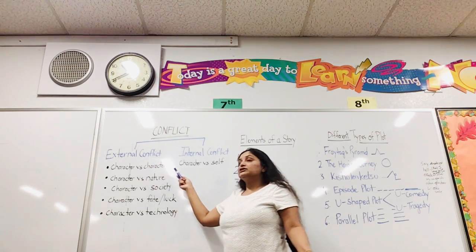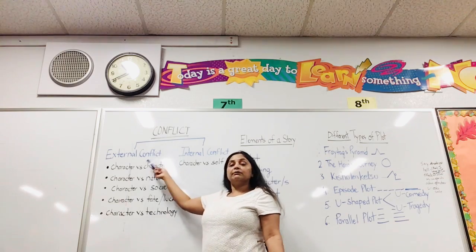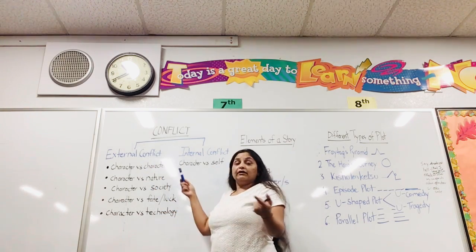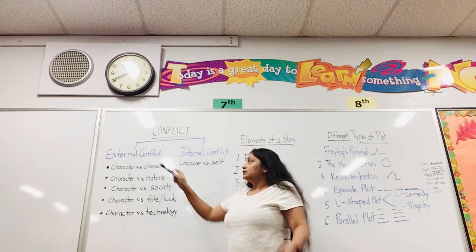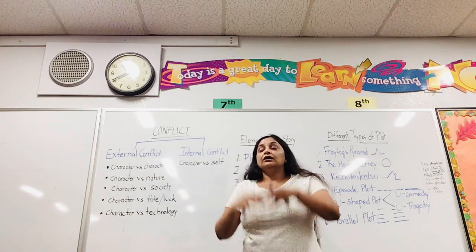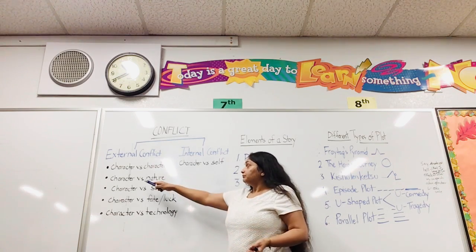She has conflict with her stepmom and her stepsisters. They were troubling her. So that was the problem in the story. Of course, when it's character versus character, there could be more characters. So that's when one character in the story has a problem with another character.